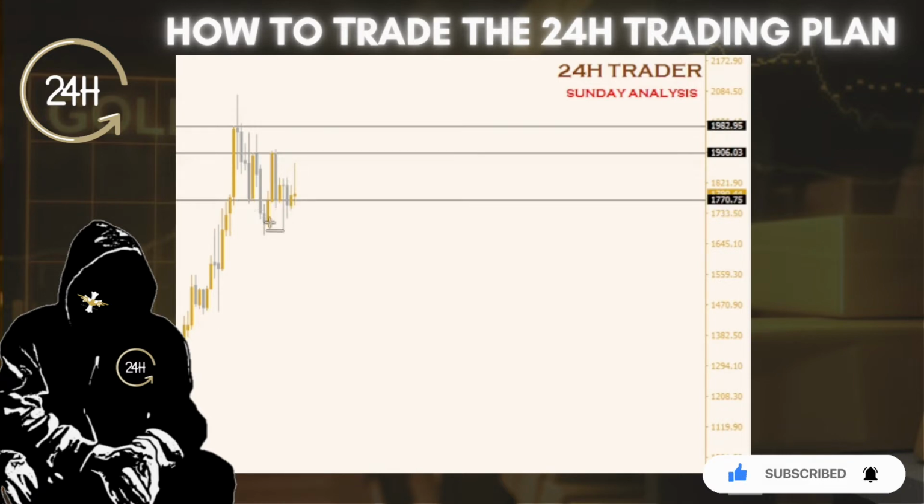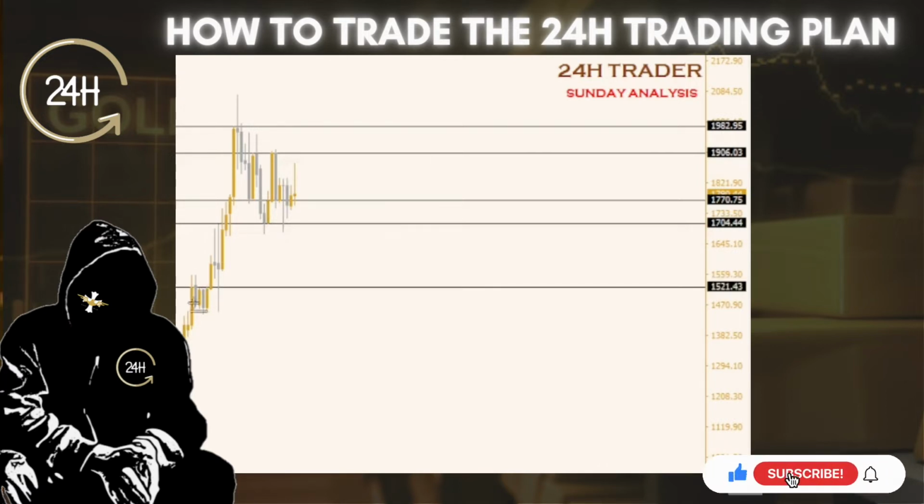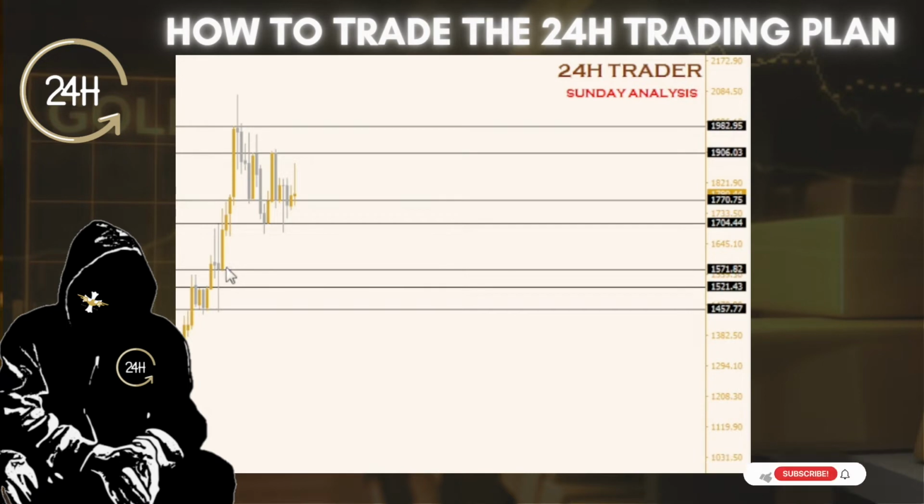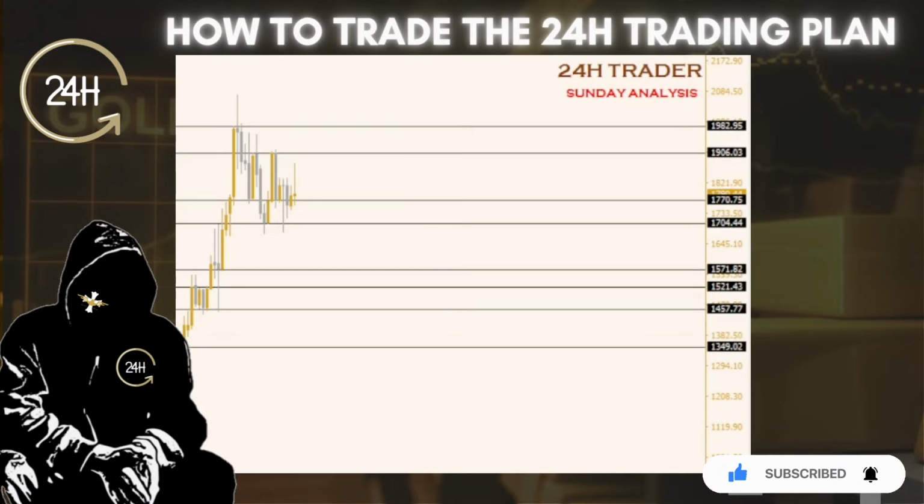This is the resistance of the monthly time frame. We mark them on the candles just like what I told you previously in the videos on how to analyze the market based on the 24H traders way. So this is how we do it.